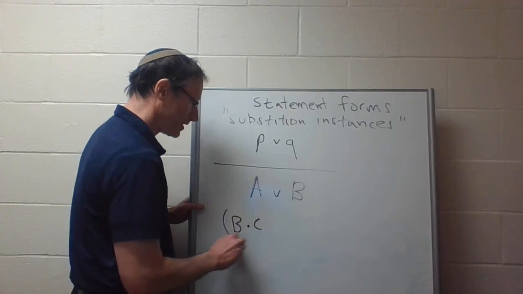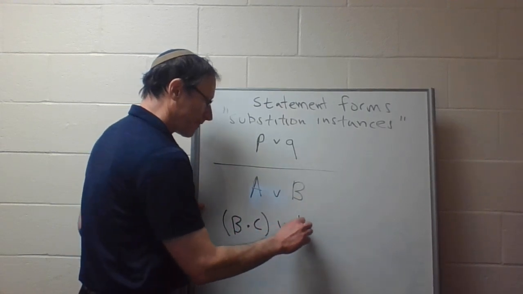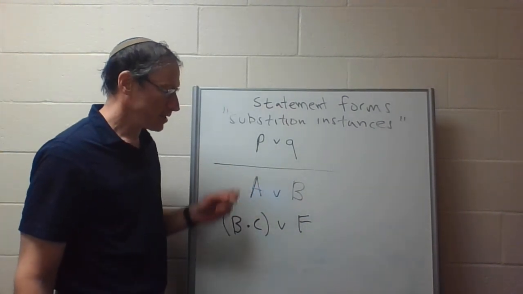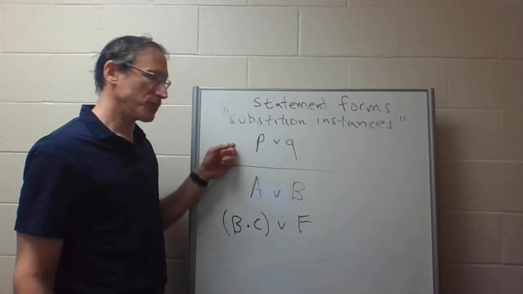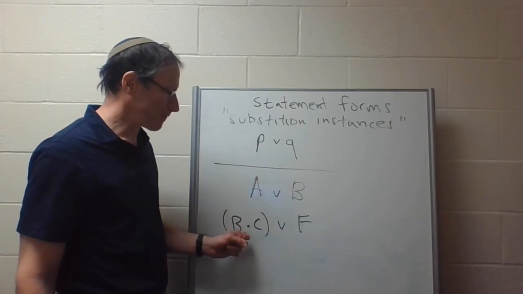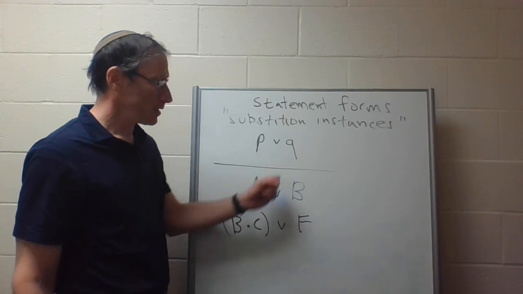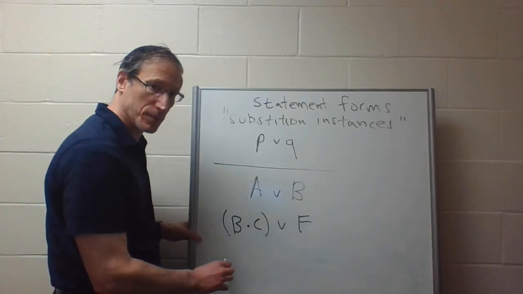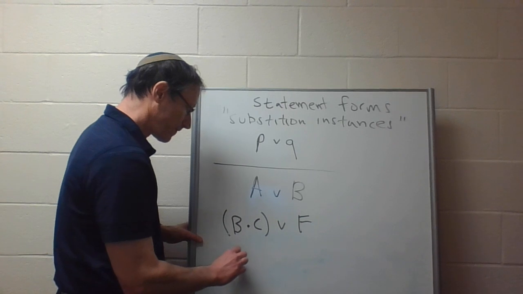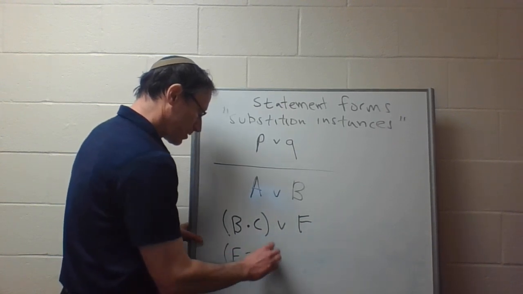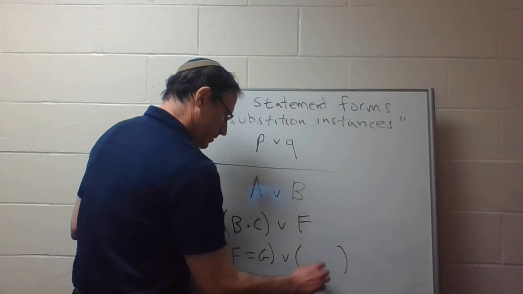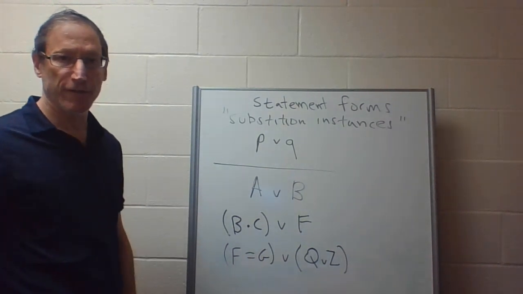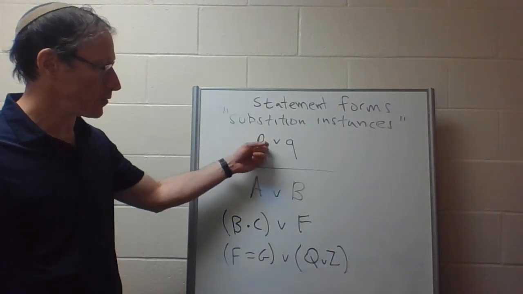Suppose I have B dot C or F. This is also a valid, or correct, substitution instance of P wedge Q, because P can stand for B dot C and Q can stand for F. What if I have something even more complicated, such as F biconditional G wedge Q or Z? Well, that's also a valid substitution instance of P wedge Q.